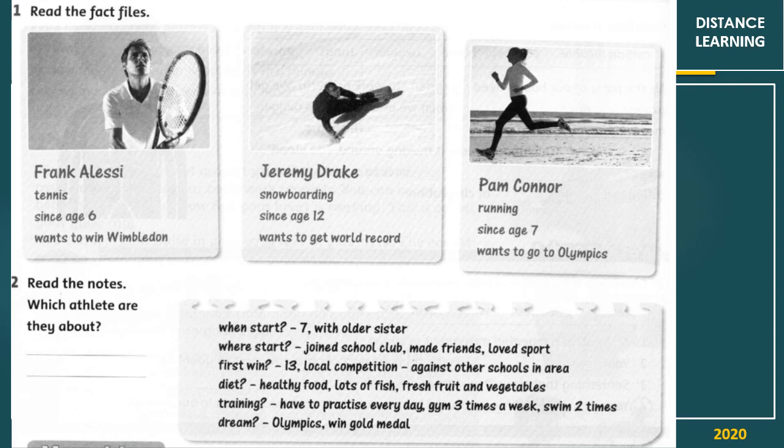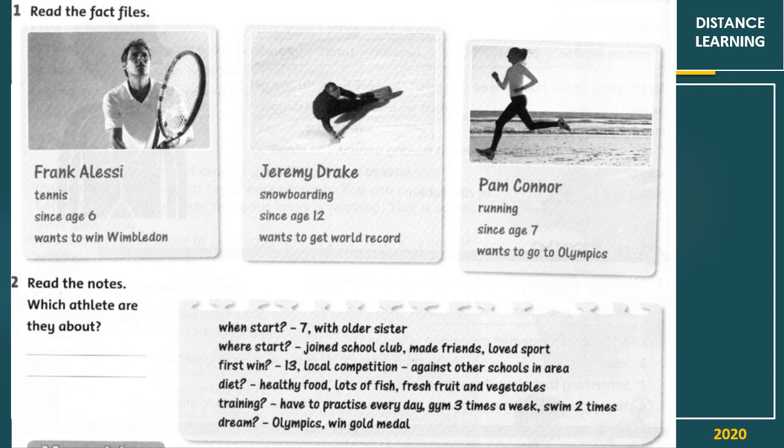So it says what? It says read the notes. Which athlete are they about? So we have notes here, okay? We have notes right under the three pictures. It talks about one of these athletes. It says what? When start? 7. With older sister. Next information says where started.